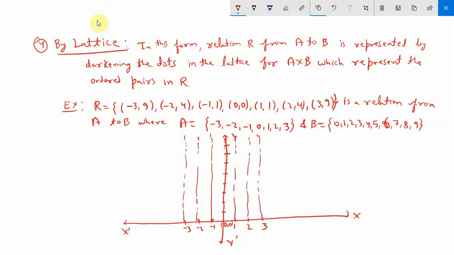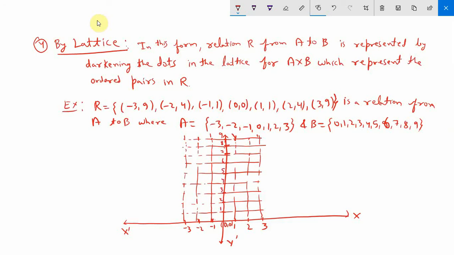Now these are elements of set A. Set B also we will draw: this is for 1, this is 2, 3, 4, 5, 6, 7, this is 8, and this is 9.